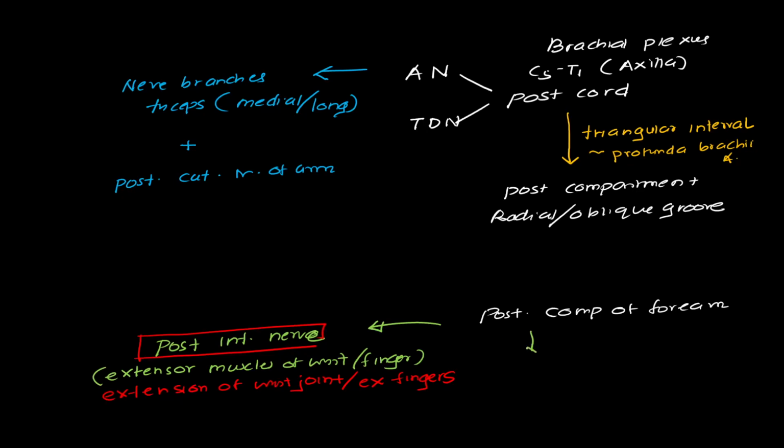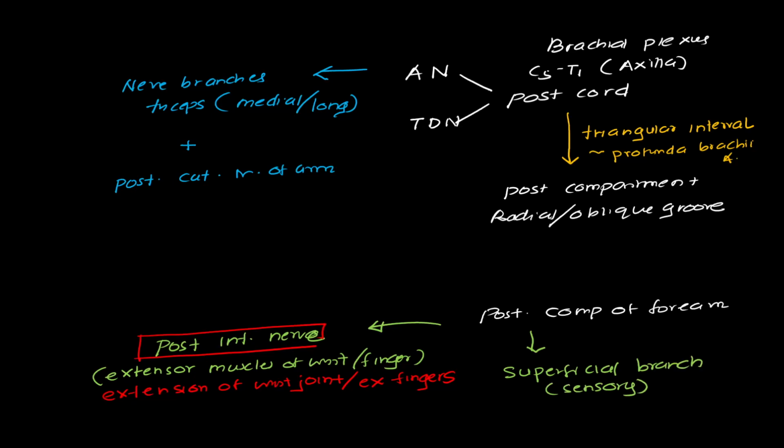the superficial branch. The superficial branch is a sensory-only nerve, which means that it can only do sensory innervation.